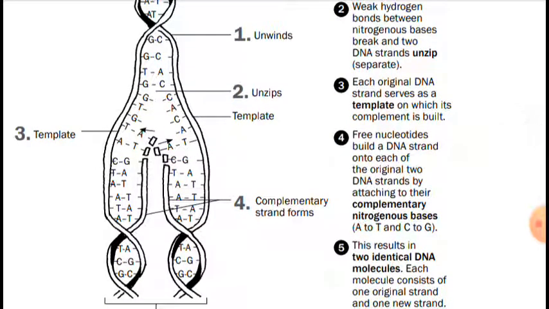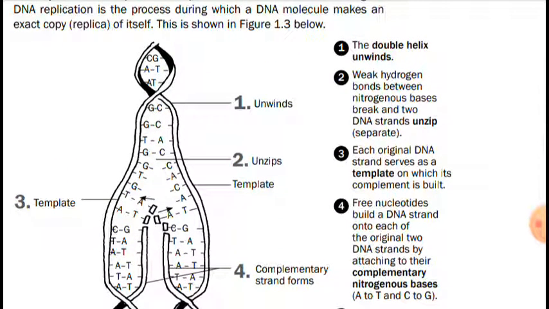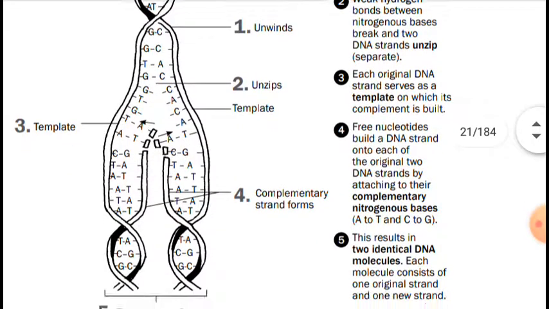So guys, I think those are the important things you should know. It starts from unwinds, and then weak hydrogen bonds break, and then the DNA unzips. Then comes the template.